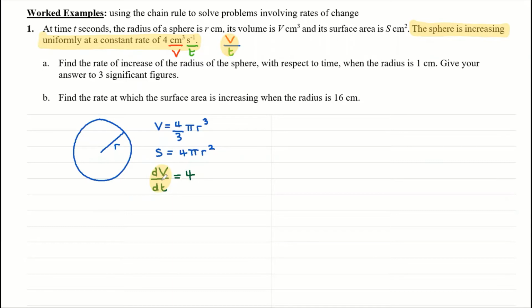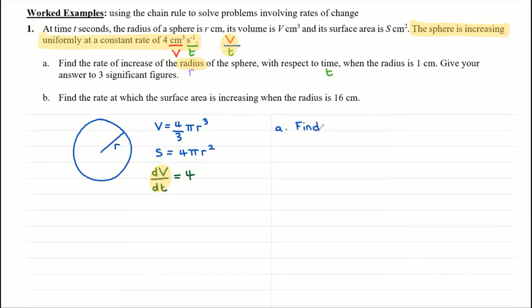It says, find the rate of increase of the radius of the sphere with respect to time, which we have already said is going to be t, when the radius is 1. So what is part A telling us? Let's write that down mathematically.